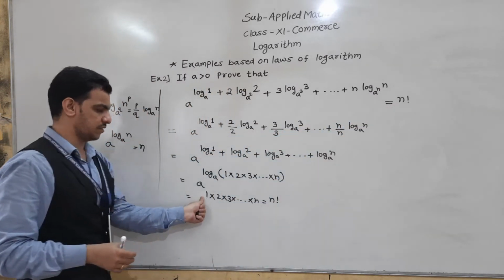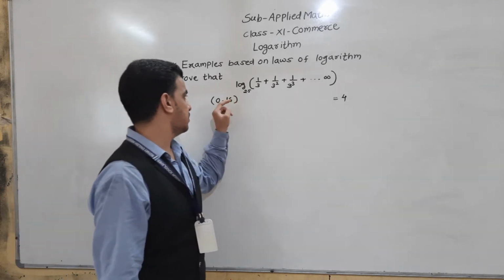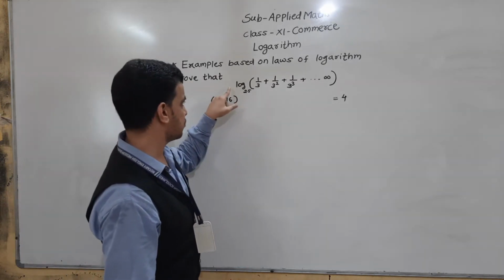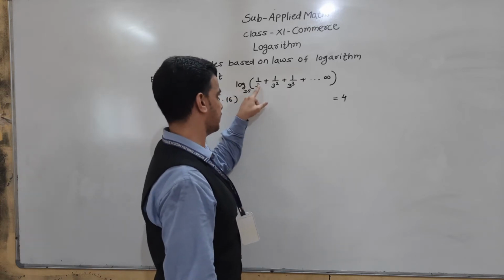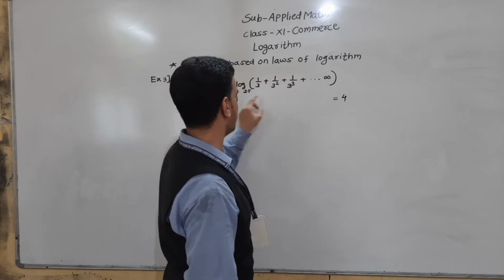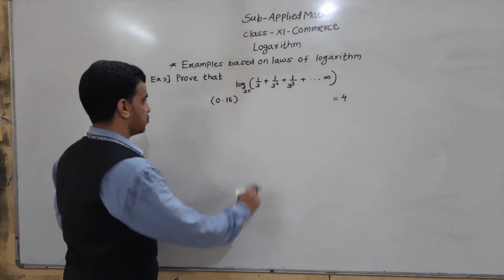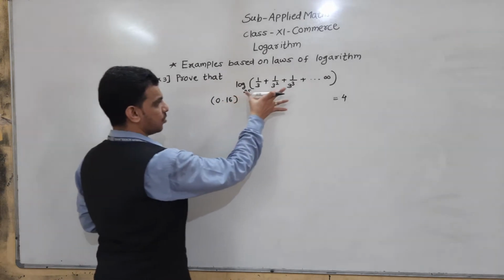Now we will take the third example. The third example is: prove that 0.16 raised to log of 1 by 3 plus 1 by 3 square plus 1 by 3 cube up to infinity to the base 2.5 is equal to 4. Okay, so first we have to find the value of this.